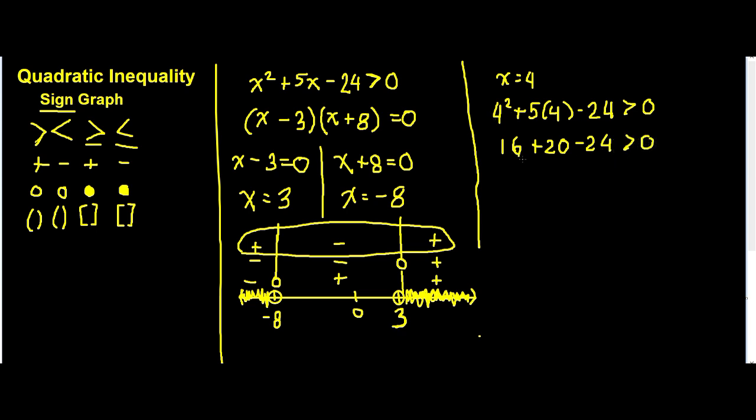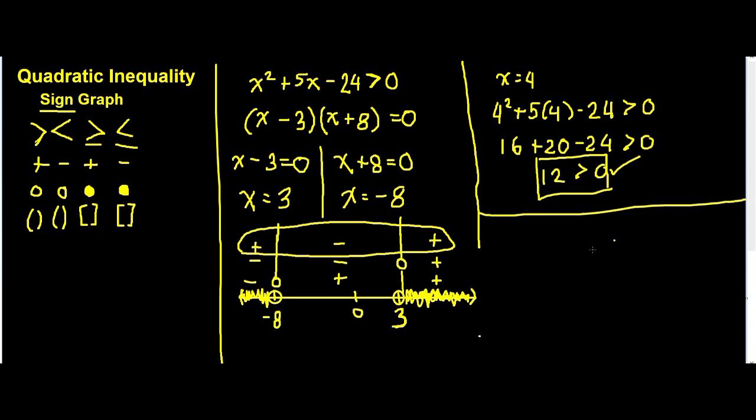Oh, 4 squared is 16, 5 times 4 is 20. Tapos negative 24 to. 16 plus 20 minus 24 is 12. Greater than 0. Is it true that 12 is greater than 0? That's true. Kasi ang 12 mas mataas siya sa 0.